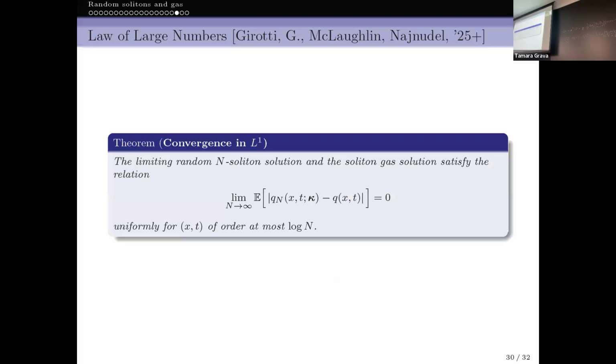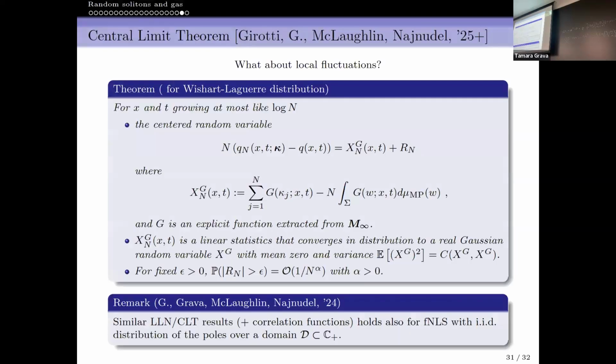Okay, so the result is the following: Qn, the random soliton solution, minus the soliton gas solution, in expectation goes to 0 as n goes to infinity. And we have to look only at x and t that are before log n, so you cannot go too far, because the soliton gas lives in a space of size n, so we can stay only in log n. And so there is a fluctuation. The fluctuation, the random soliton gas minus the deterministic soliton gas, times n, is equal to this quantity plus a remainder.